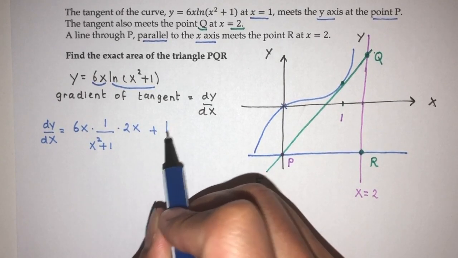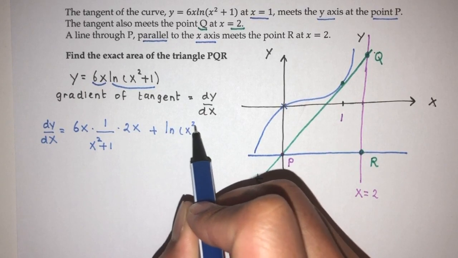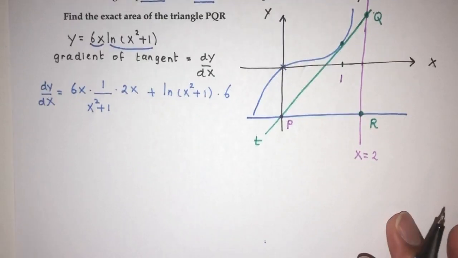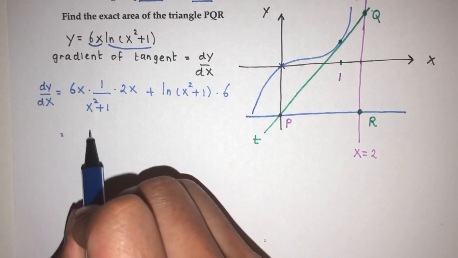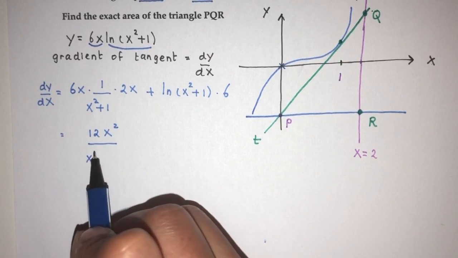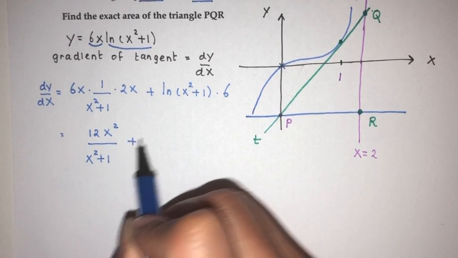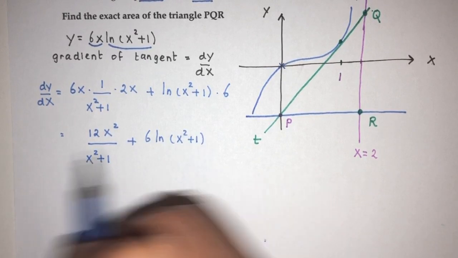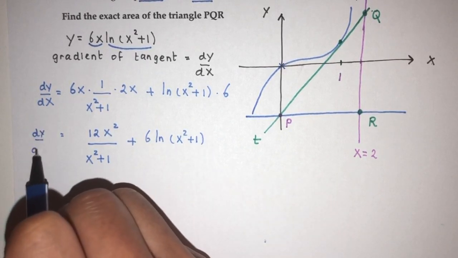And then plus the second one as it is, times d by dx of 6x, which is 6. Now simplify, and you will have 12x squared over x squared plus 1, plus 6 ln of x squared plus 1. This is dy by dx.